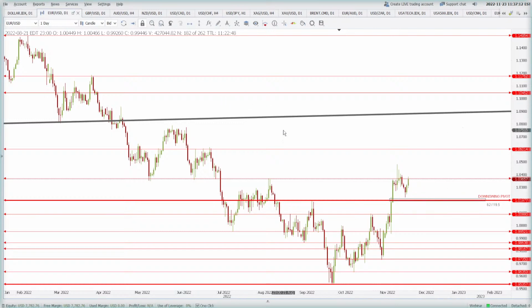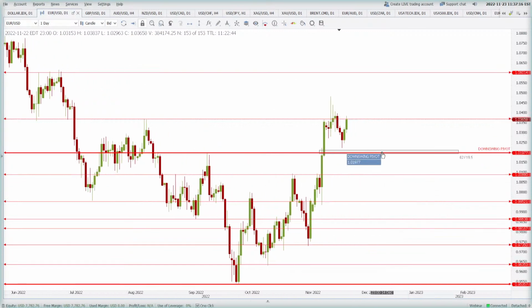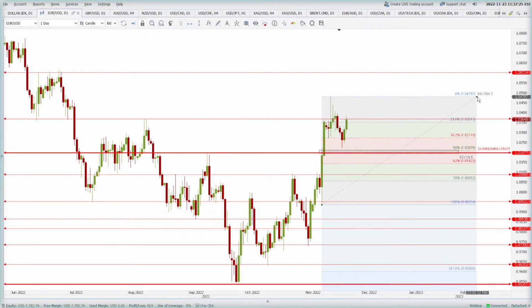All right, so what I'm expecting here is for the price to go to 1.0. You see, today is the Fibonacci day, guys. Do you know this? 23rd of November, International Fibonacci Day. So approximately, 50% is aligning perfectly with the level where we have our strong support region.